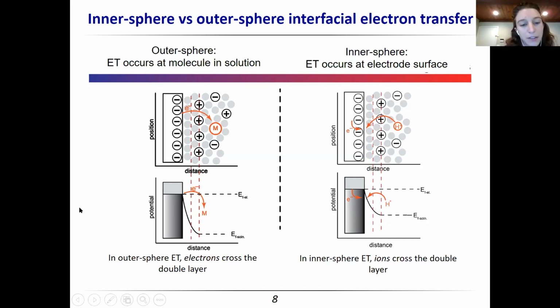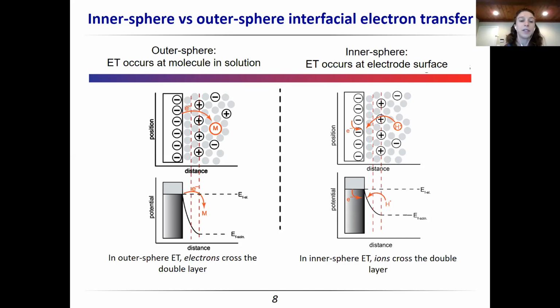The potential difference is actually going to depend more on the potential that you need to be at to run the reaction. So if we go back to the number line, the redox potential of the reaction you're trying to do and the electrode material that you're using. So the uncharged potential of the electrode is going to be dependent on the work function.